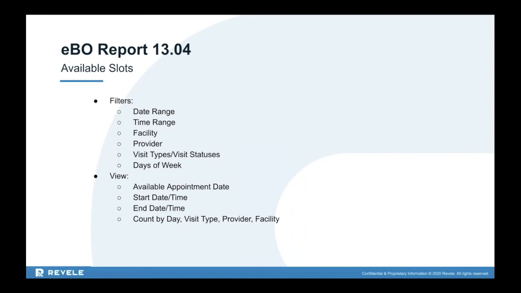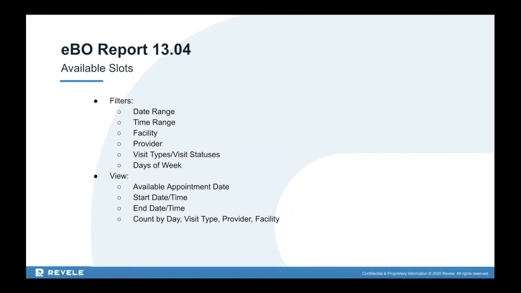Once that report is run, you're able to see the available appointment date, the start date and time, the end date and time, and then it will count for you. So let's say at facility A for Dr. Smith, they find that on Monday, October 5th, there are 3 available slots. Then on that report, you would see it in that order.